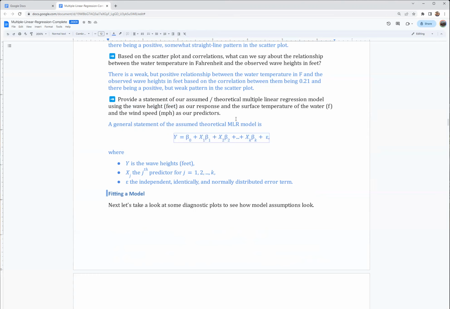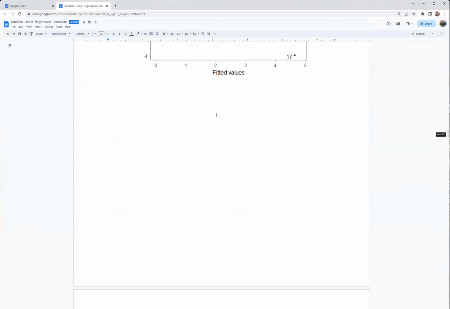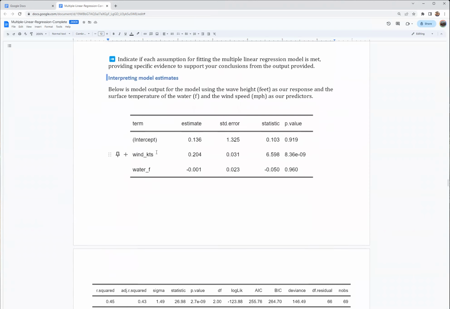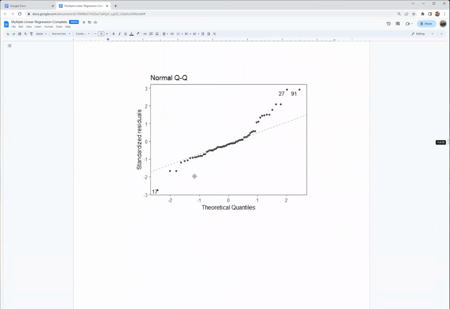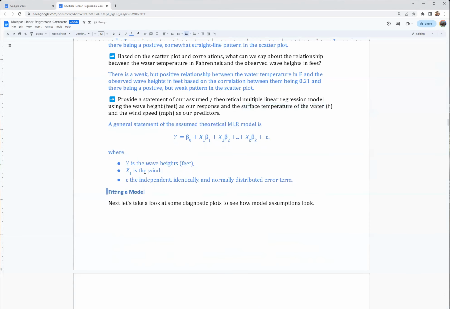So here our predictors are x1 is the... well, let's see what R treated as which one is 1, which one is 2. Okay, wind speed is 1. So let's say where x1 is the wind speed in knots.